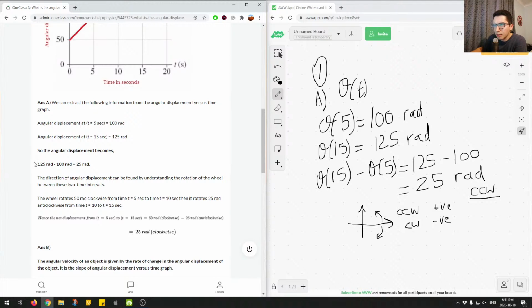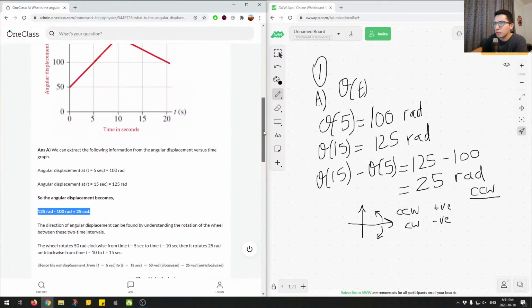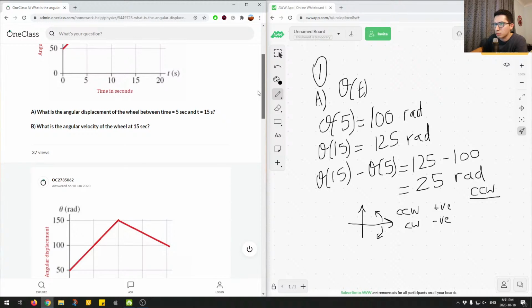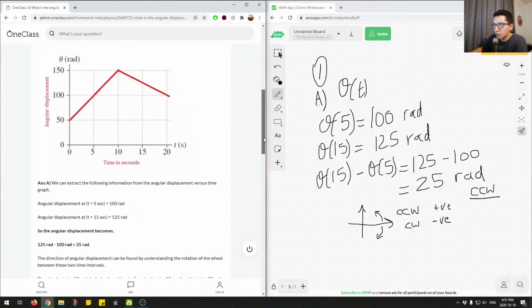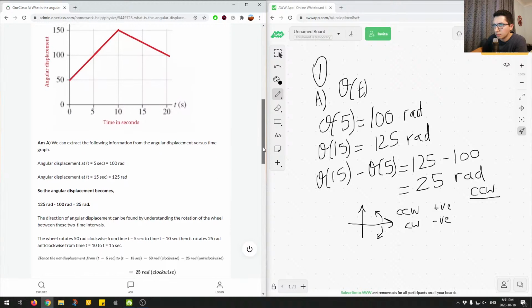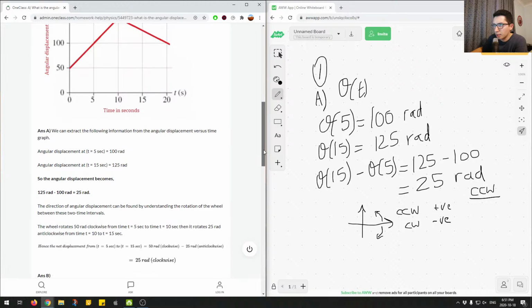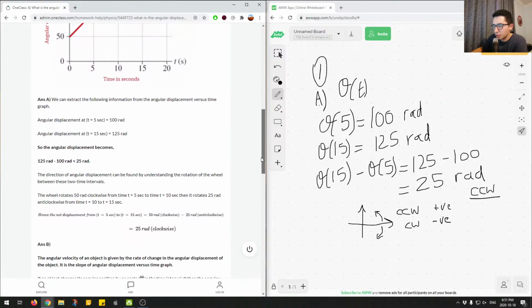So they initially had this angular displacement. So I believe the question was asking for angular displacement, which is correct. So here the direction of the angular displacement can be found, rotation of the wheel. The wheel rotates 50 radians clockwise from t to 5 to t to 10. So angular displacement is increasing. And then angular displacement is decreasing.